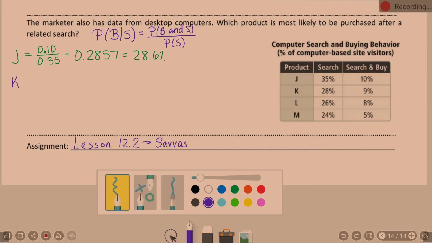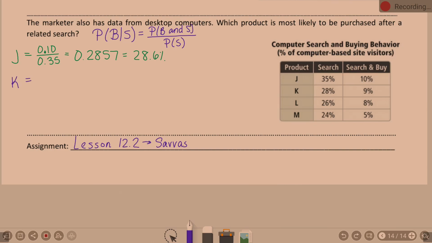Product K. 9% divided by 28%, which is 0.3214 or 32.1%.